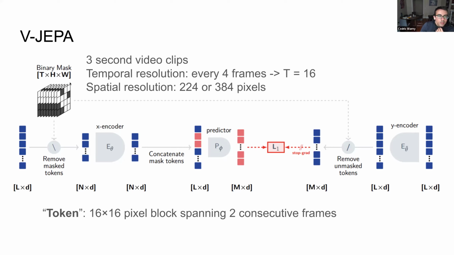So I assume the entire image is 224 by 224, and it's just divided into tokens of 16 by 16. Oh, okay. Yeah, that makes sense. Yep, thank you.